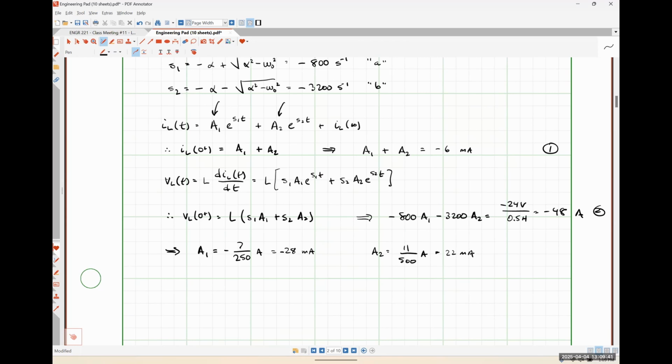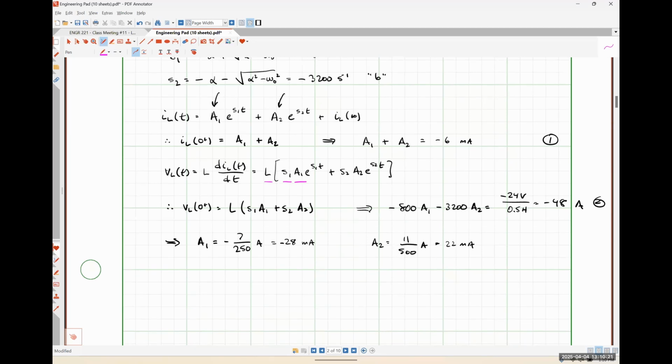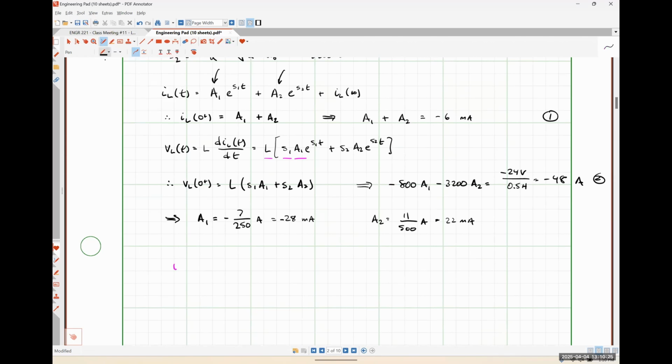I can see pretty easily that the coefficients for my inductor voltage are literally just L times S1 times A1. So L was a half, S1 I have stored in my calculator as A, and A1 is stored as X. Let me write this out explicitly.